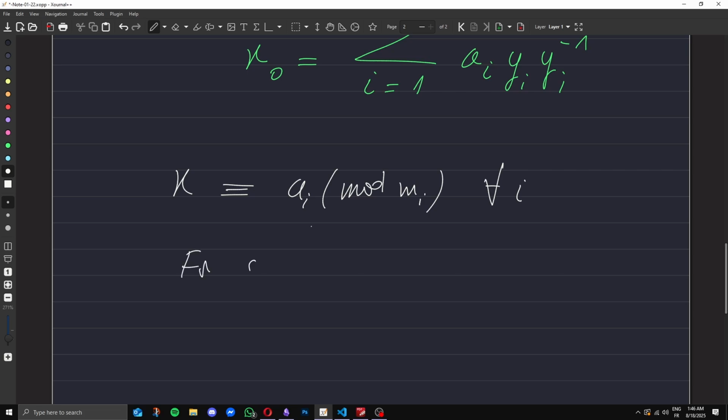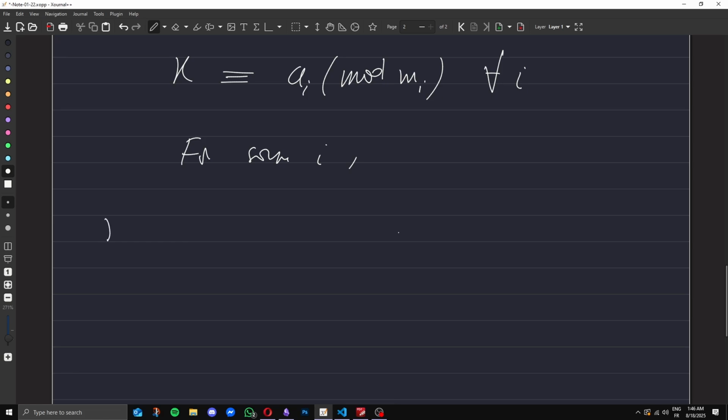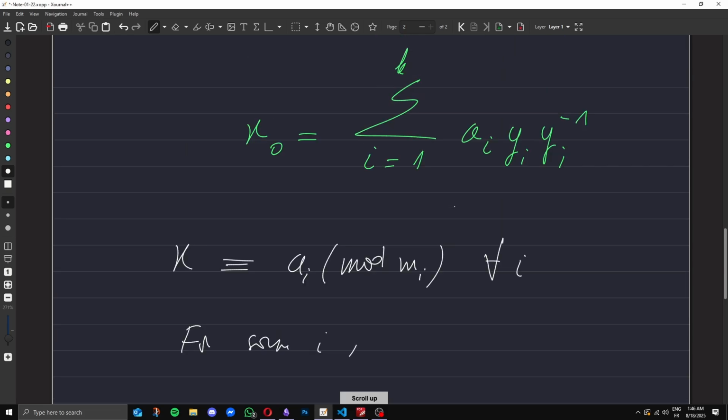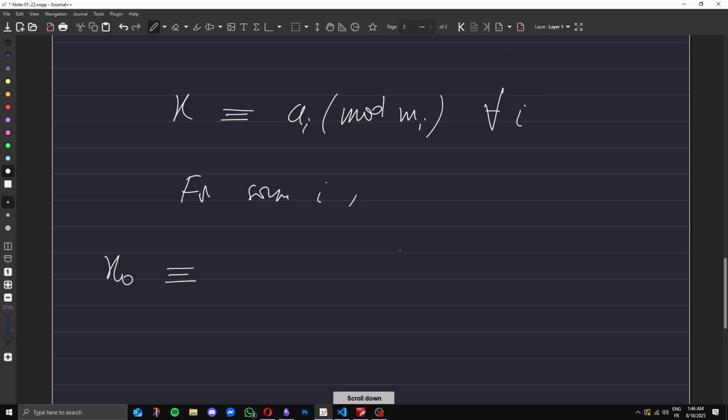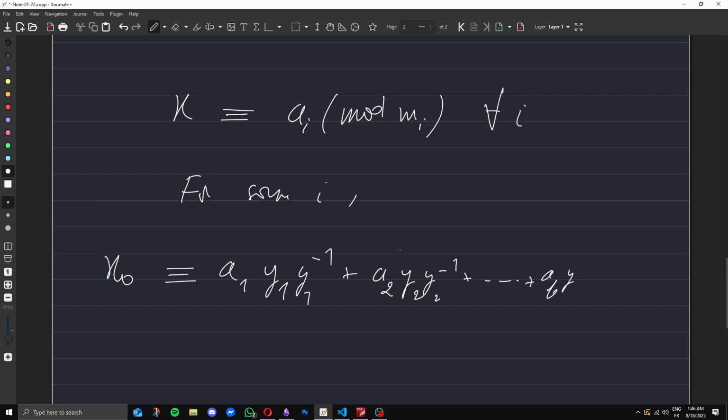So for some i, we have x0 is congruent to, remember x0 is the sum that we wrote here, so it's going to be equal to a1 y1 y1 to the minus 1 plus a2 y2 y2 to the minus 1 plus that goes until ak yk yk to the minus 1, all modulo mi.